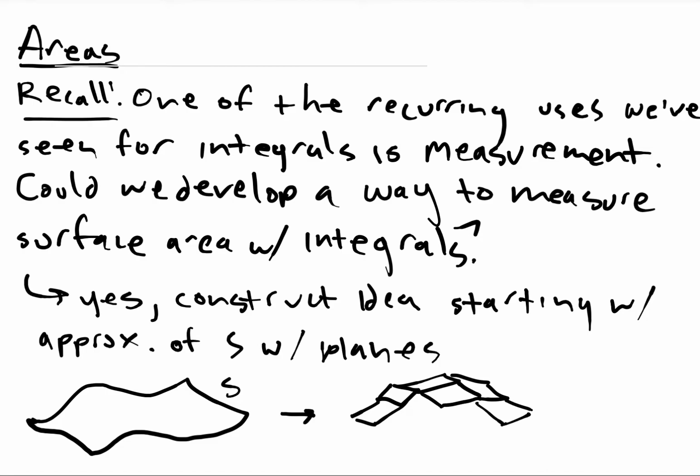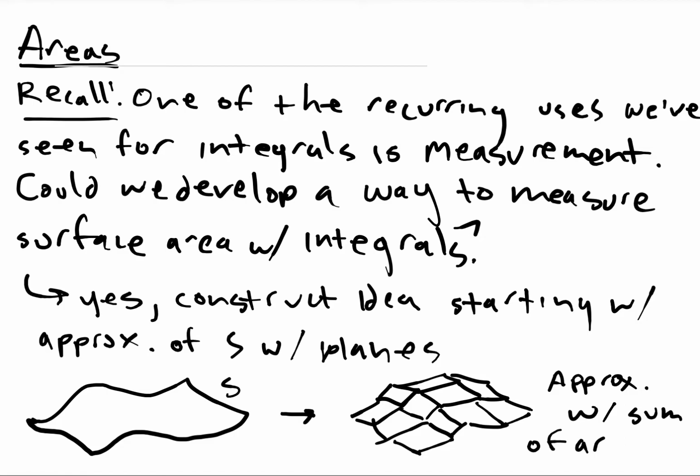So what I'm going to go ahead and do is, again, think about what happens if I chunk this guy up into a bunch of flat pieces, and approximate by taking the sum of the areas of each of those little pieces that I chunked this thing into.